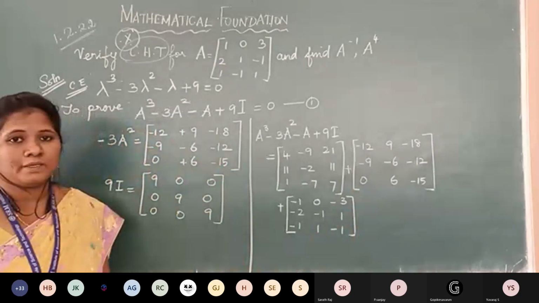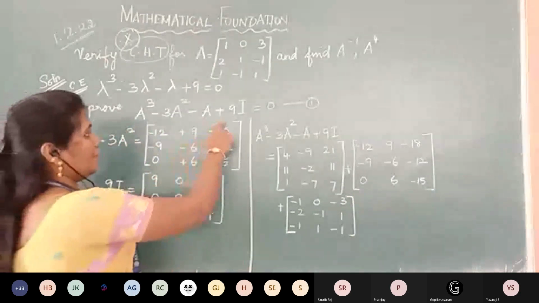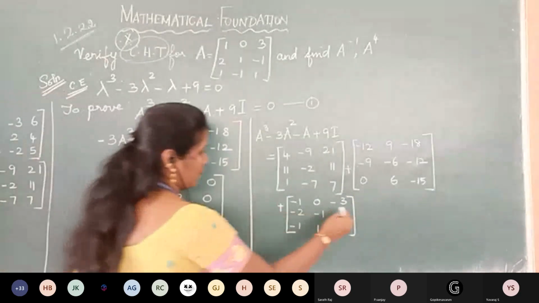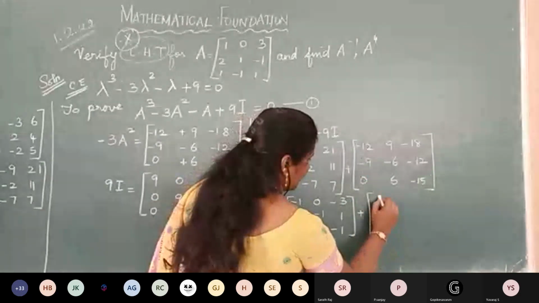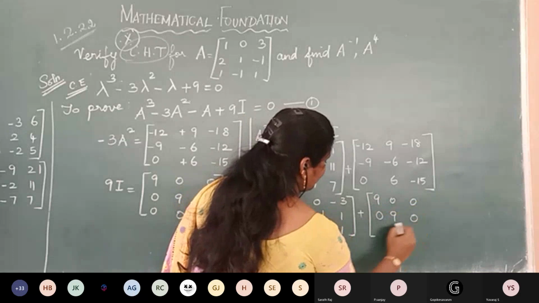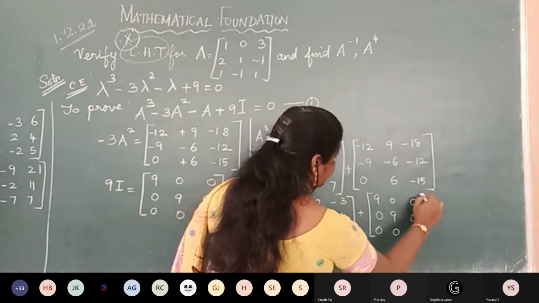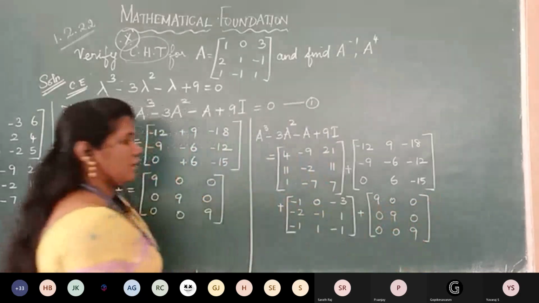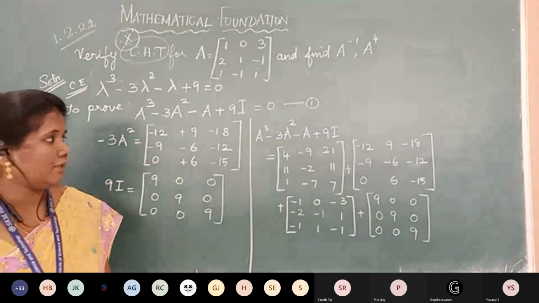Okay. So I multiplied that minus inside. Then plus 9I. So it will be 9 0 0, 0 9 0, 0 0 9. Okay. So that is your 9I.